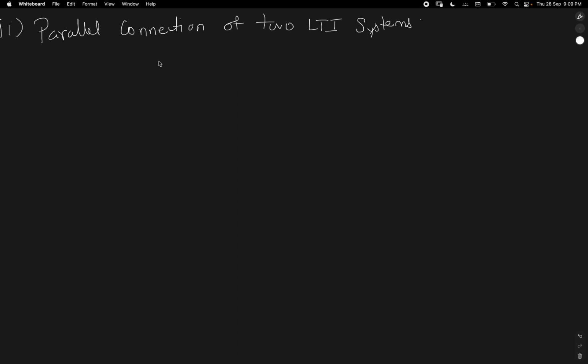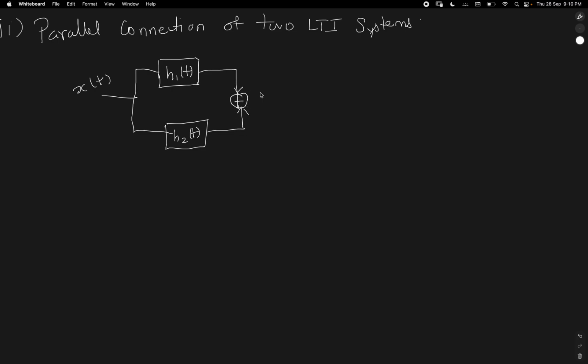So here we will consider two systems, one with impulse response h1 of t and other with impulse response h2 of t. In parallel connection, both the systems will receive the same input, which is nothing but x of t, and the output of the two systems are combined or summed, and the sum is considered as the overall output of the system.